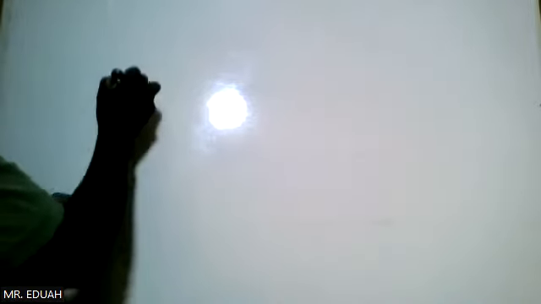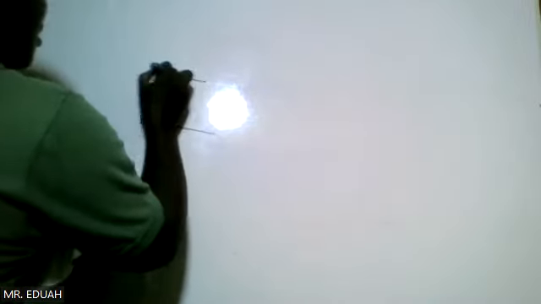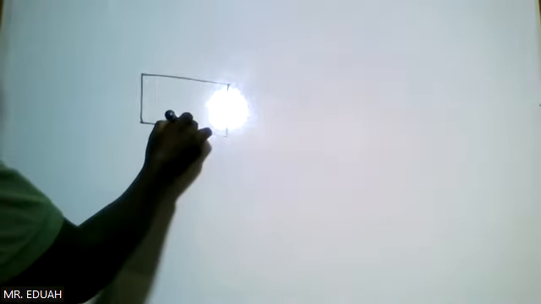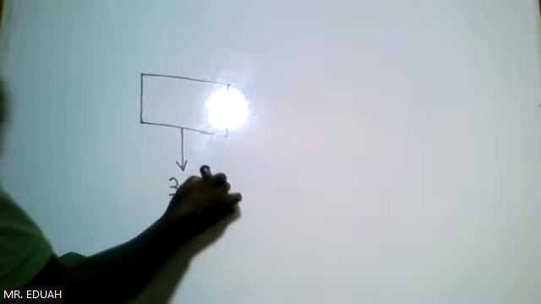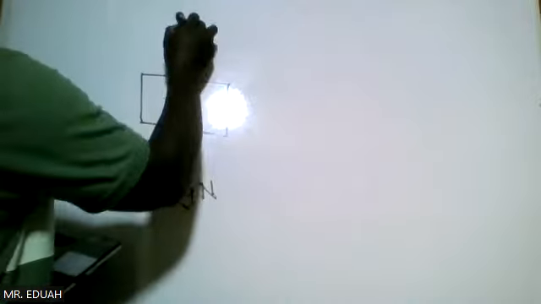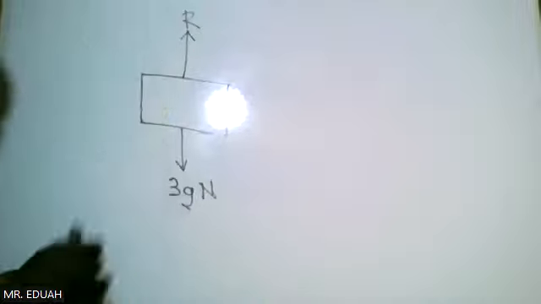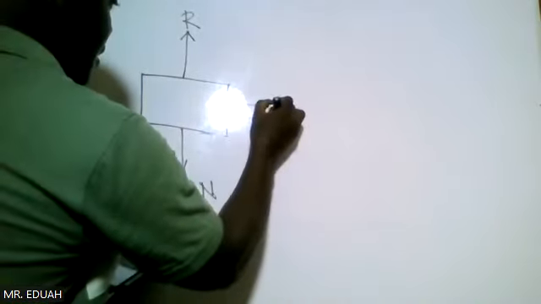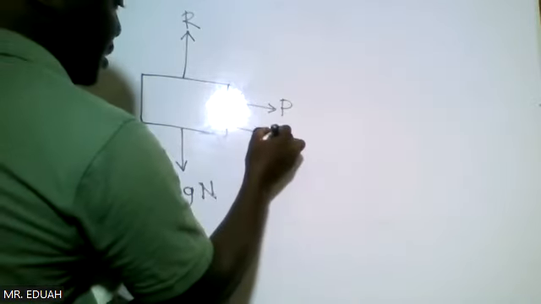So the diagram in question is like this. We have 3J Newton. Then we have another force R, the reactional force. Then we have P. We also have 17 Newton.